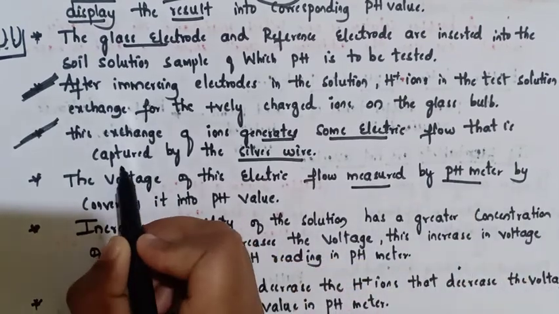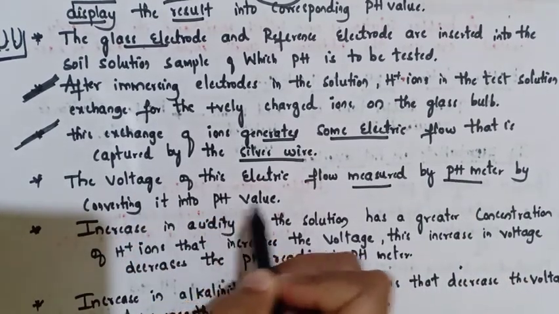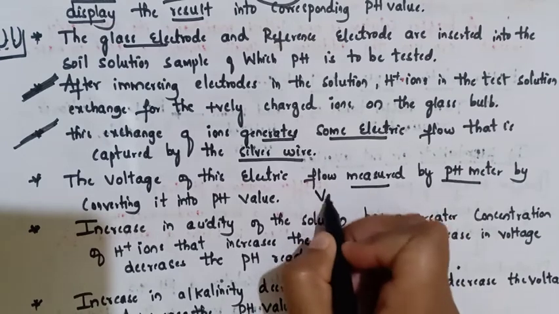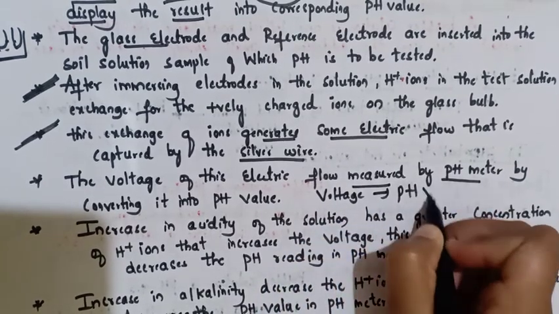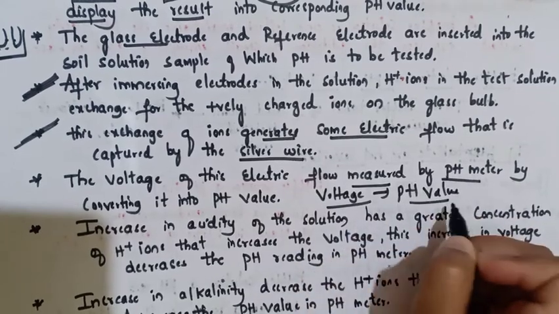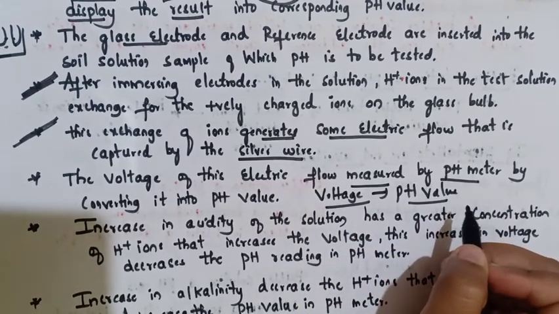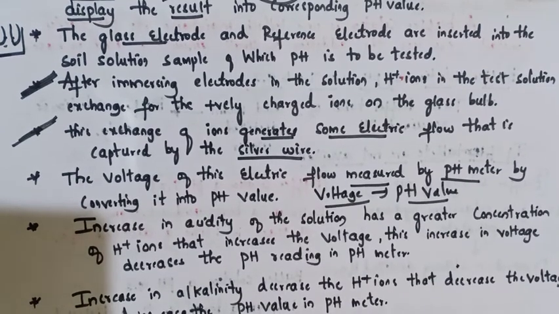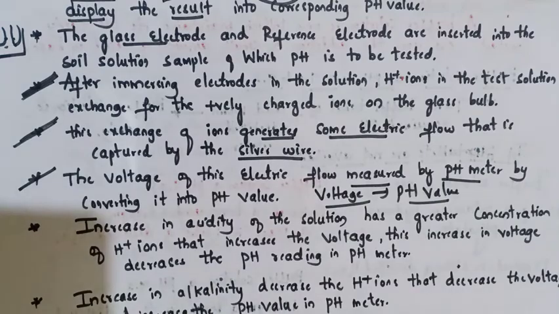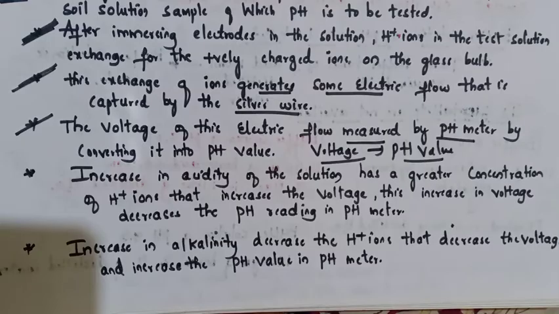This voltage is converted into a pH value in the pH meter. How is this voltage generated? By the exchange of ions between the soil sample solution and the glass electrode. And these 3 points are very important. Now coming to the next point.